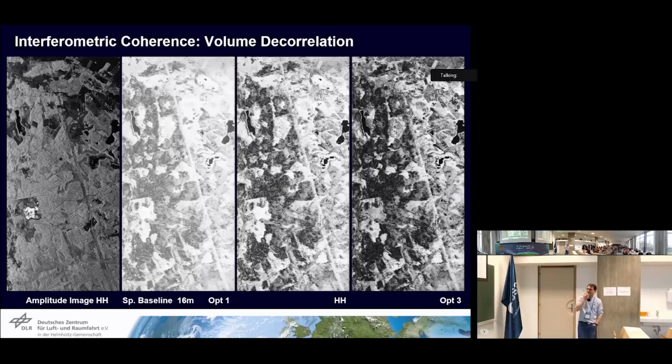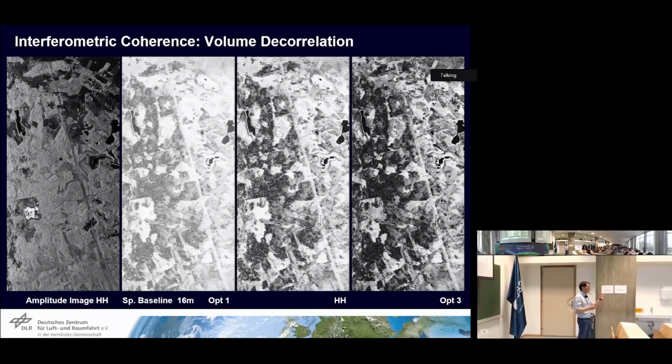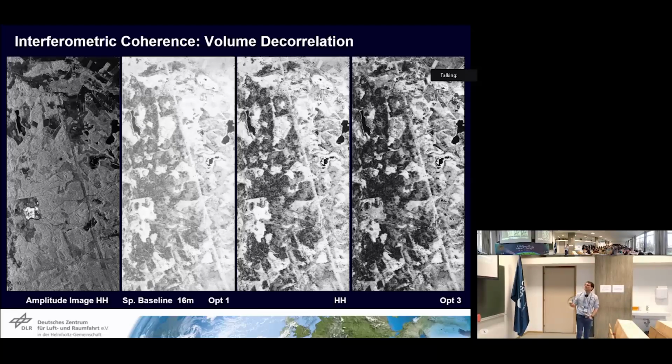Again, data always speaks. So we start from the same forest. We fix a baseline. And this is the HH coherence. And now you make this game, you take HH, VV, HV, you optimize polarization, and you find the W vector that gives you the maximum coherence.